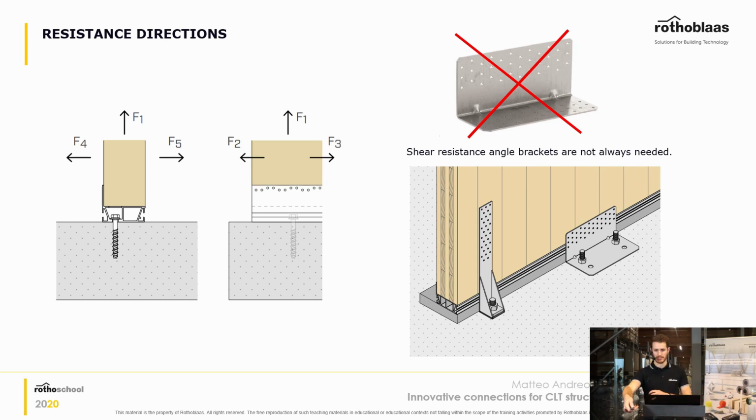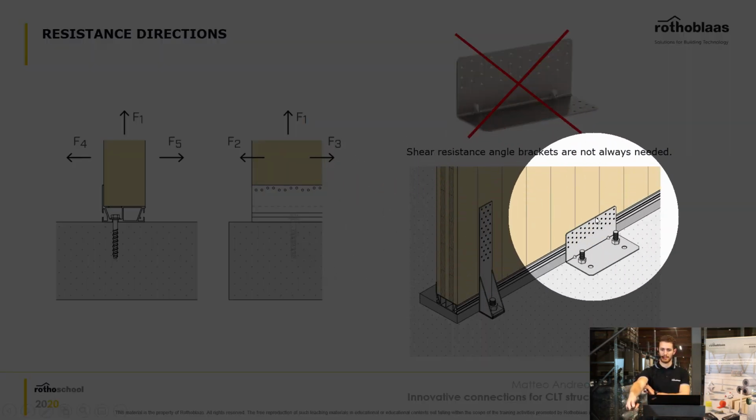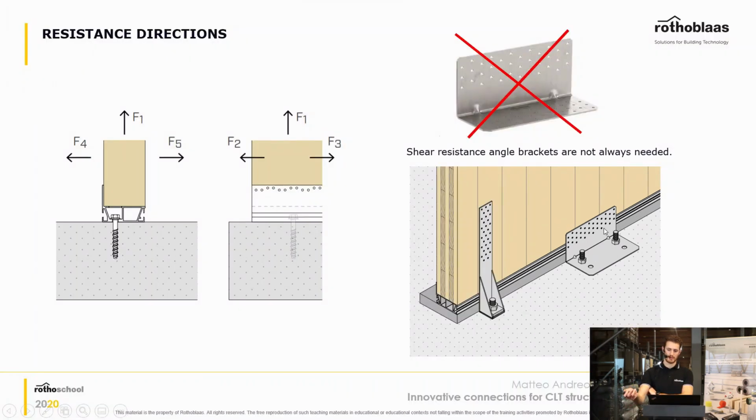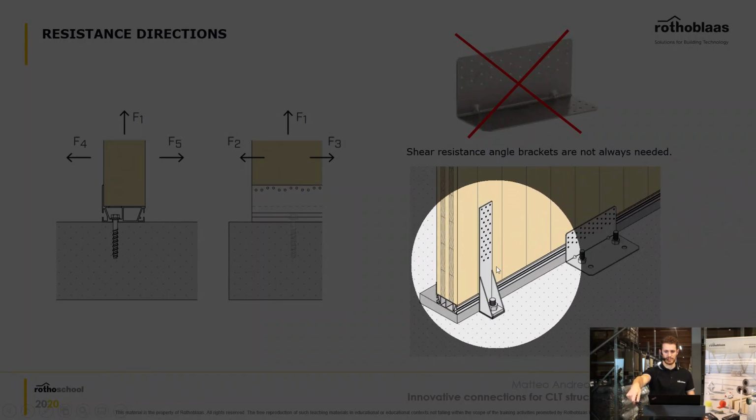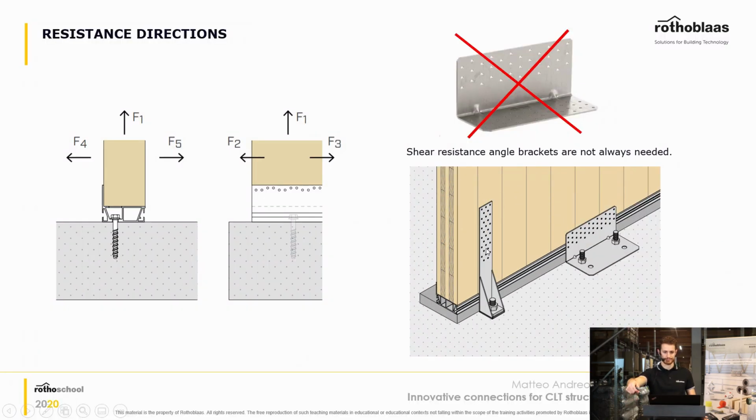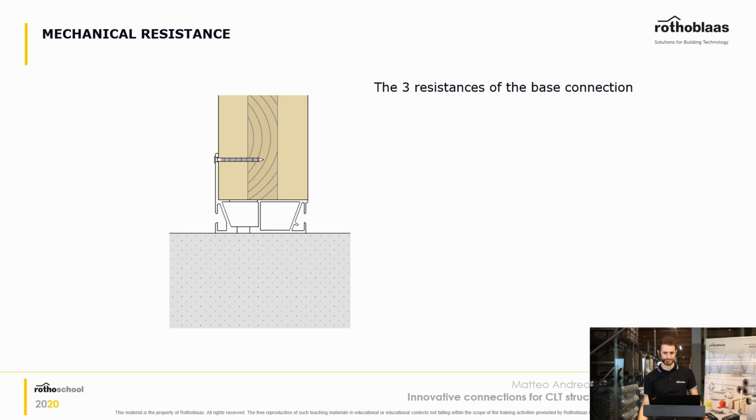So as you can see in the image here, it is not mandatory to use angle brackets for shear, because of course the shear is supported by the Alustart itself, so you don't need all those angle brackets, but you just need the hold downs here to withstand the tension forces.